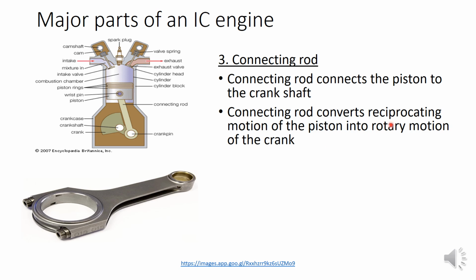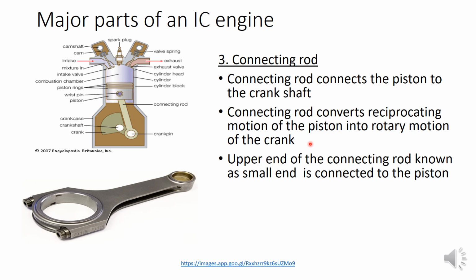So the connecting rod converts this reciprocating motion to rotary motion of the crank. Even though the piston is moving up and down, we require the crank to move in a rotary movement, and that is done by the connecting rod. So the connecting rod converts the reciprocating motion of the piston into rotary motion of the crank.